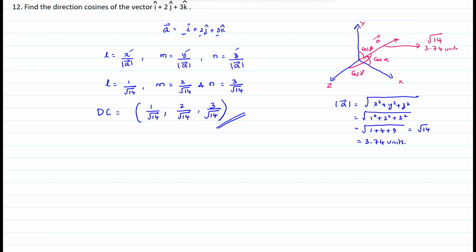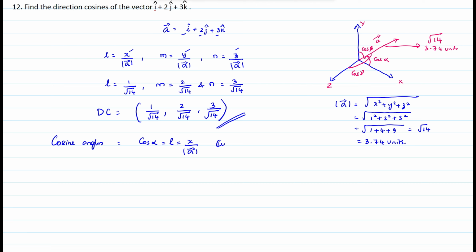Suppose they tell you to find the cosine angles. The cosine angles are given as cos alpha equal to l, that equals x divided by the length of a vector.